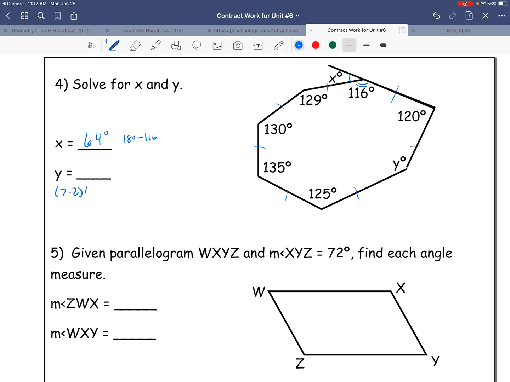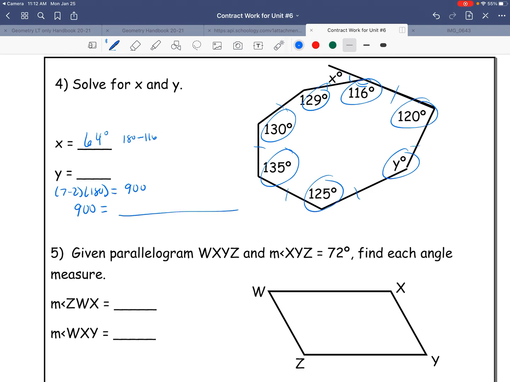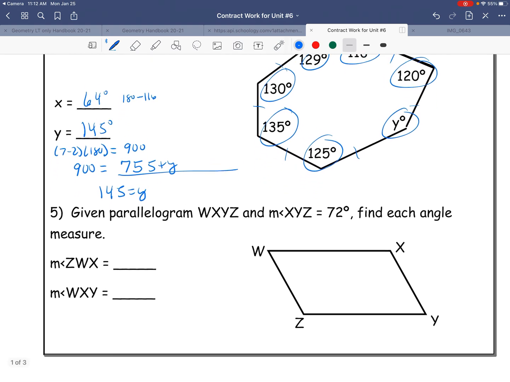So 7 minus 2 times 180 equals 900. 900 is equal to the sum of all these angles added together. I'm going to simplify because you guys should have already done this: 755 plus y. Then we subtract 755, and we get 145 equals y. So y is 145 degrees. That's how you solve that.